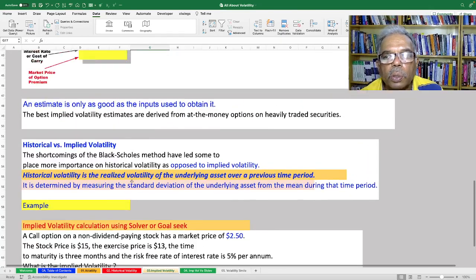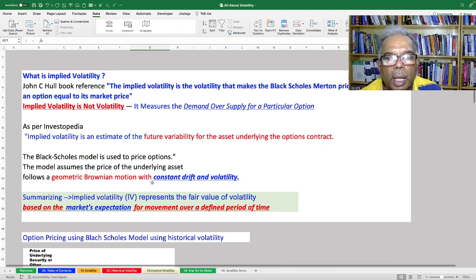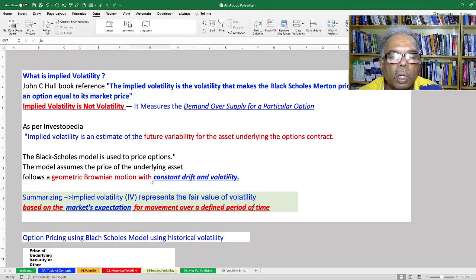Let's quickly go into what is implied volatility. As per John C. Hull's book, the implied volatility is the volatility that makes the Black-Scholes option price equal to the market price. That means we are equating the market price in the Black-Scholes option pricing model to derive implied volatility. Implied volatility is not volatility in the usual sense.